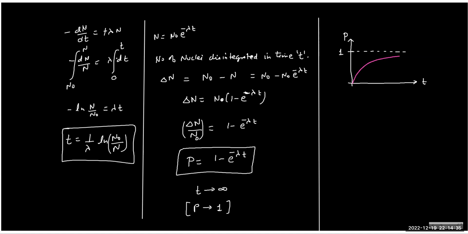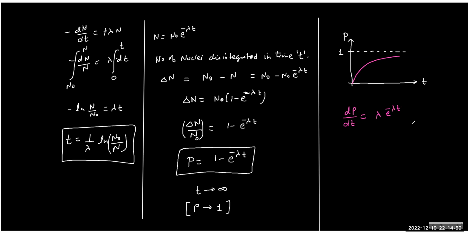And you can also find the slope of the probability. What do you expect? The slope dp by dt must give you what? If you write dp by dt, what will you get?